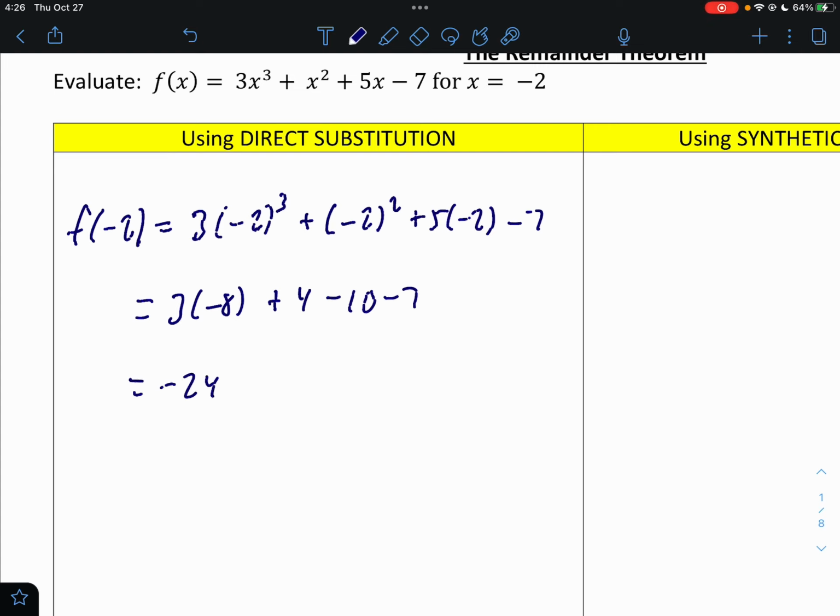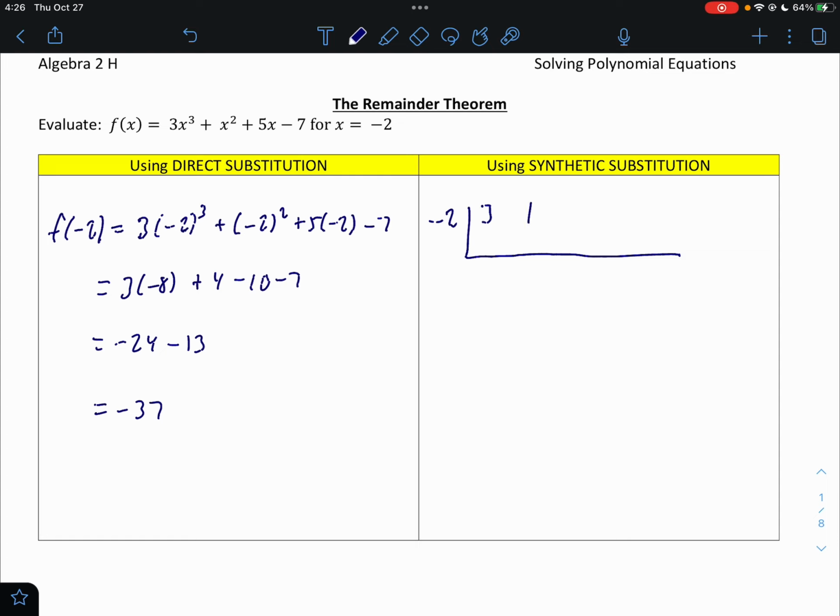But another way we can do this is using synthetic substitution, which is essentially synthetic division, and our remainder should be our answer here. So if we set up synthetic division and go through our synthetic division process, hey, look at that, we get -37.